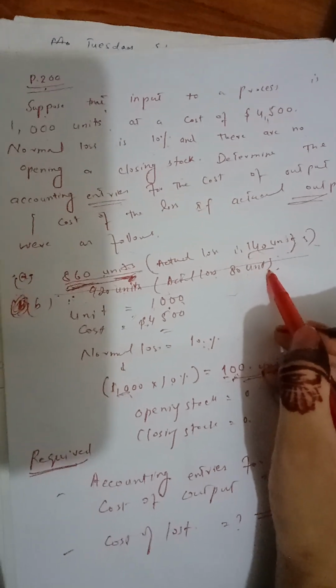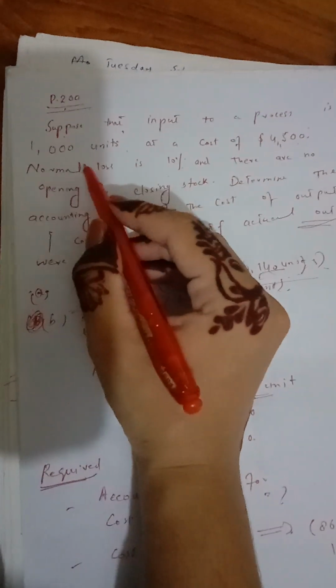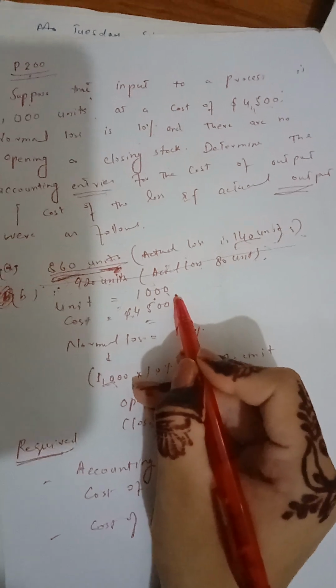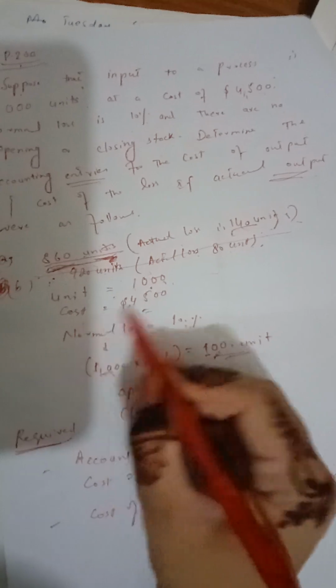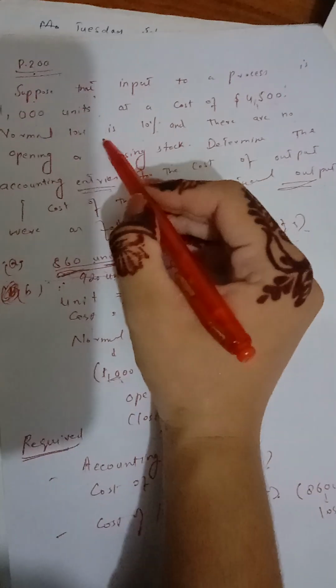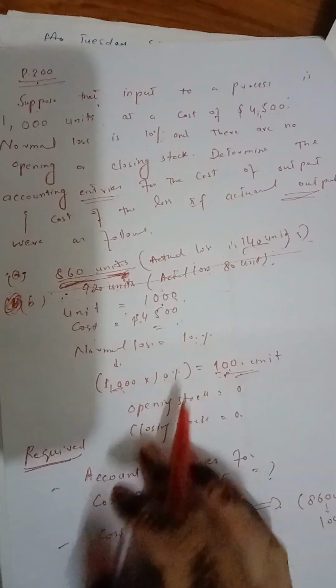First of all, we will check what is given to us. They said that there are 1000 units, so we separately write down that the units are 1000 and the cost is 4500. The normal loss is equal to 10%.